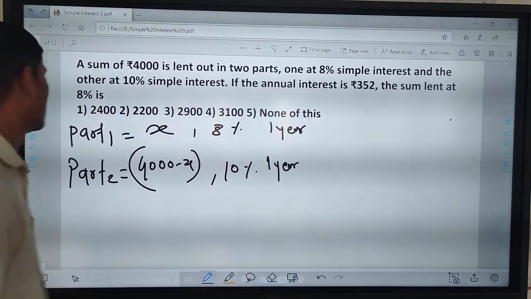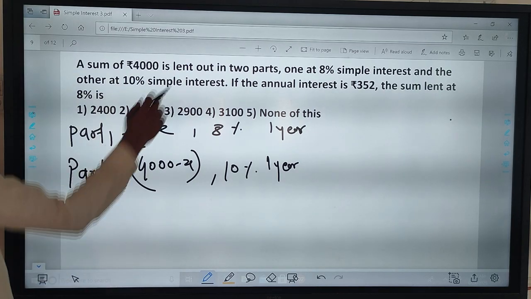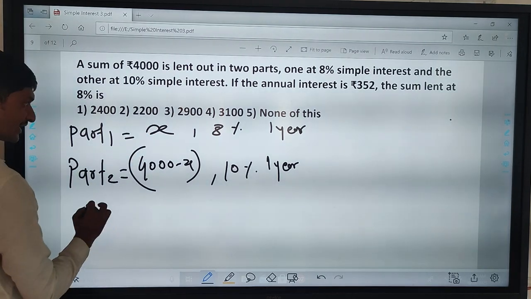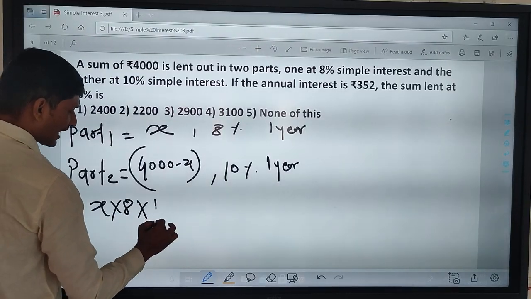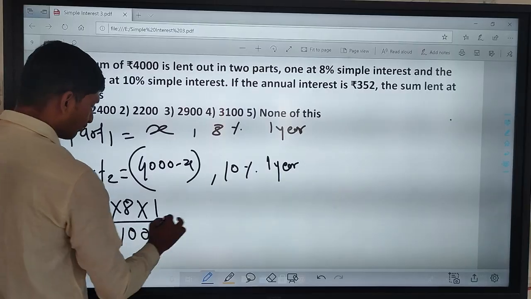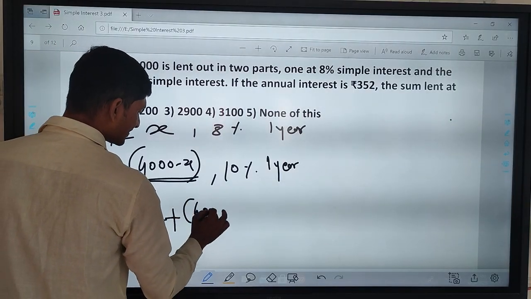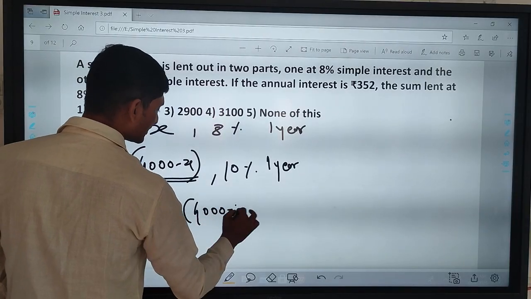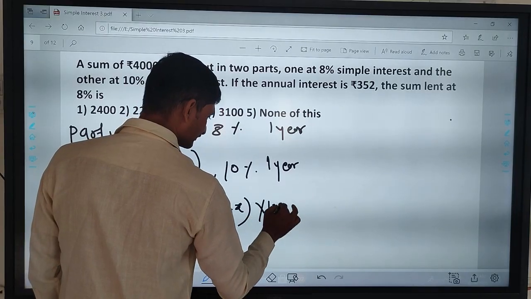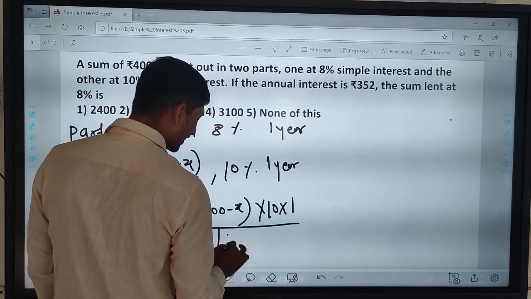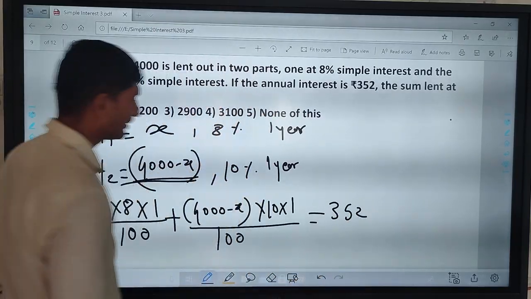Now the addition of these two interests is 352. We write x, principal into rate into time divided by 100, plus the second principal, 4000 minus x, into 10 into 1 divided by 100, is equal to 352.